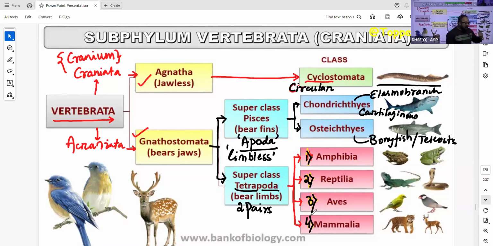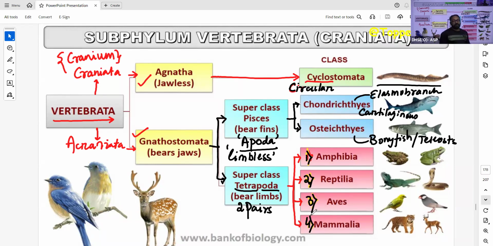In the hierarchy, which particular group is more evolved and more complicated. For instance, fish were limbless and mostly aquatic only, either marine or freshwater. The next group is amphibians.